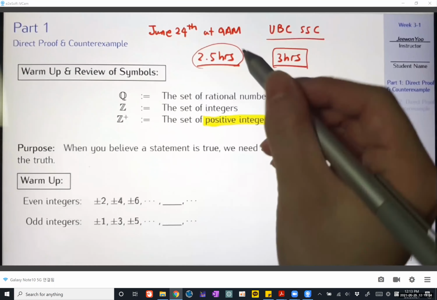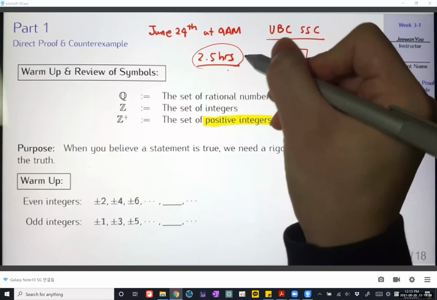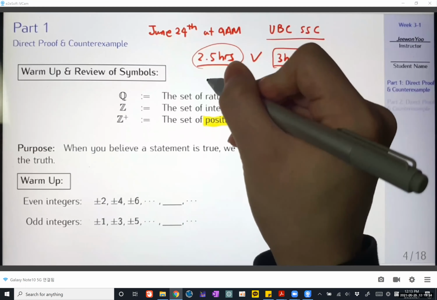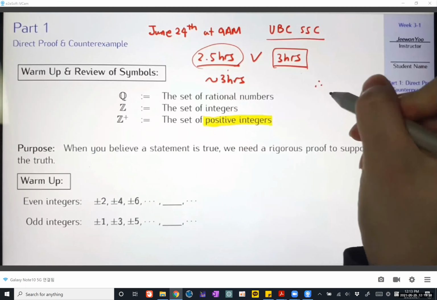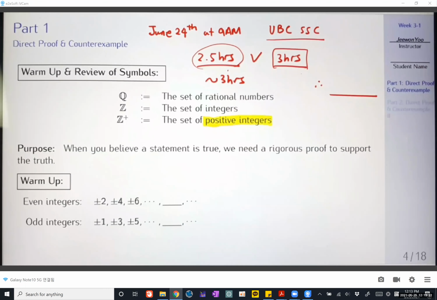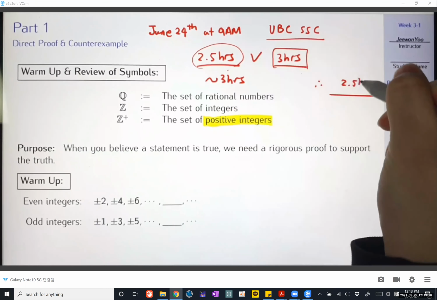So it's either 2.5 hours or 3 hours. It's like this, everyone: 2.5 hours or 3 hours. If UBC denies 3 hours, therefore, what is the conclusion, everyone? That's right, 2.5 hours.